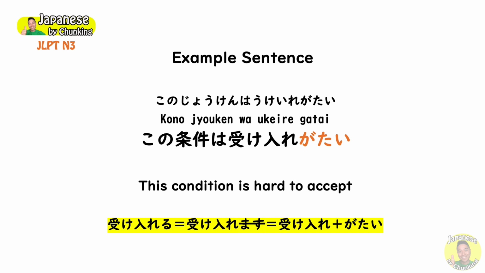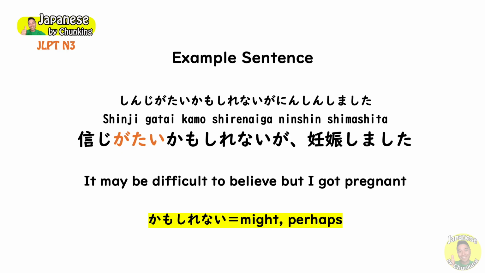次の例文です。信じがたいかもしれないが、妊娠しました。It may be difficult to believe, but I got pregnant. 信じがたい。So this is, it's hard to believe. かもしれない means might or perhaps.